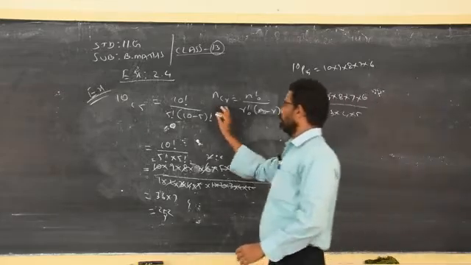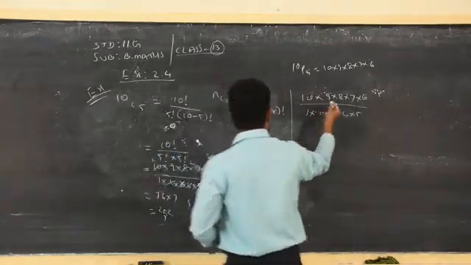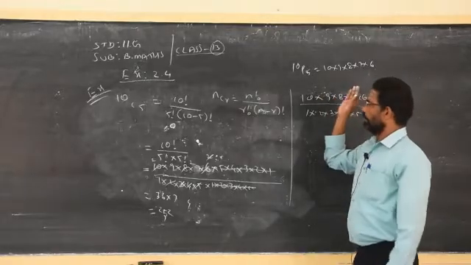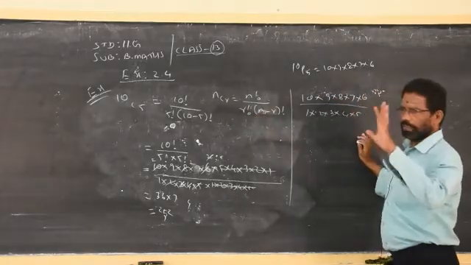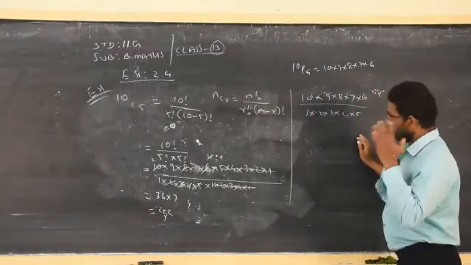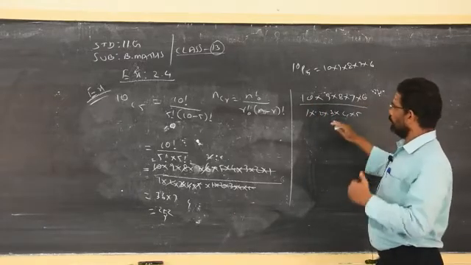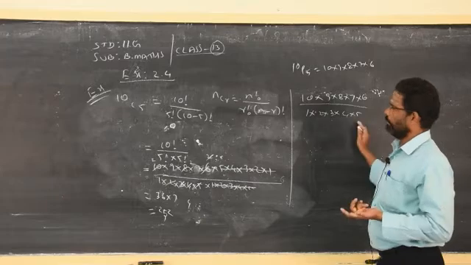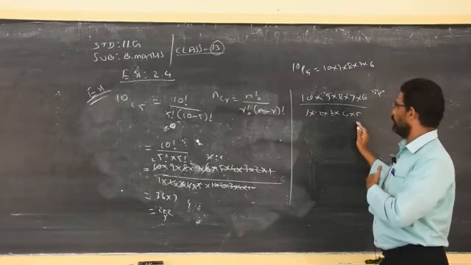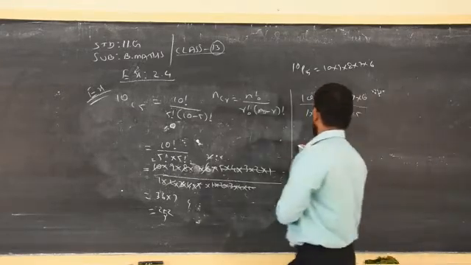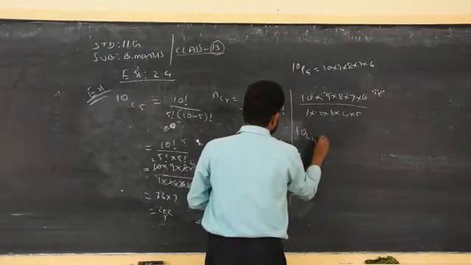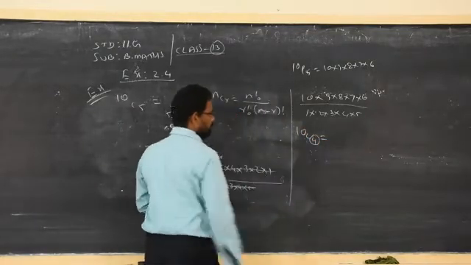Without using the formula, you can write straight away like this. If it is 10C5, you have to write 5 numbers in descending order from 10, and in the denominator you write from 1 up to 5. If it is given 10C4 without using the formula, what is your number? 4.